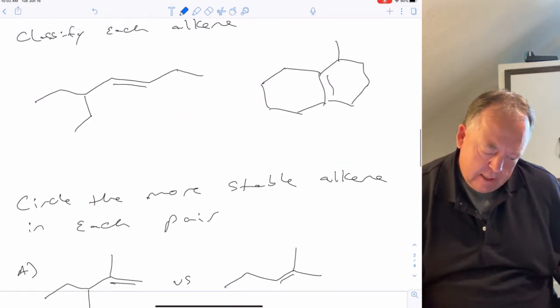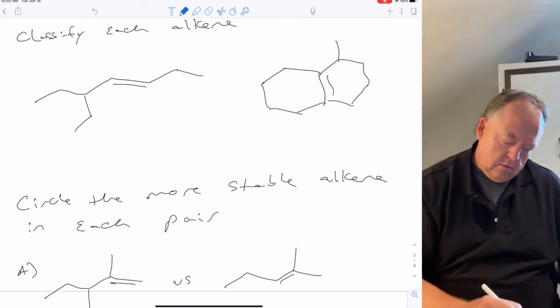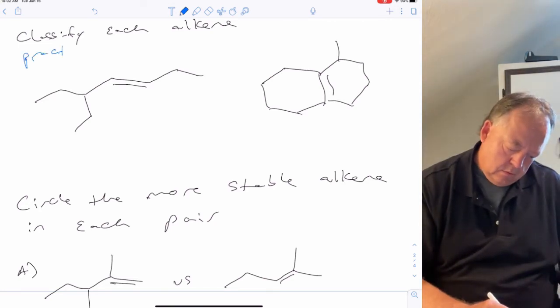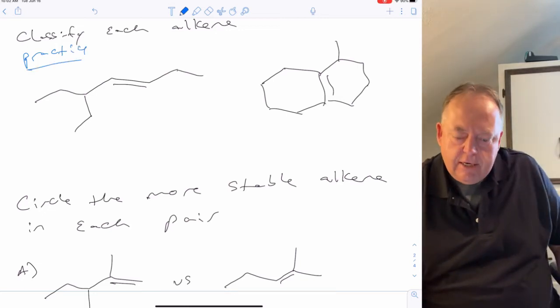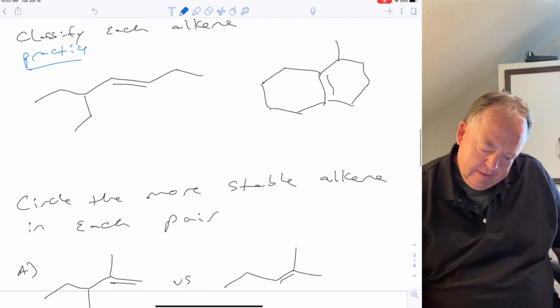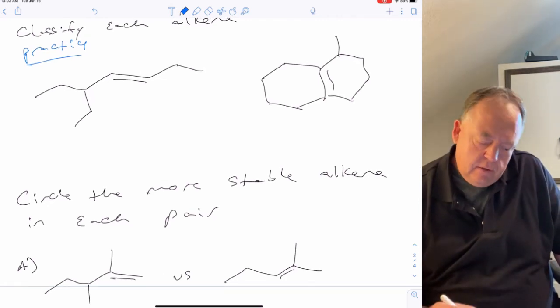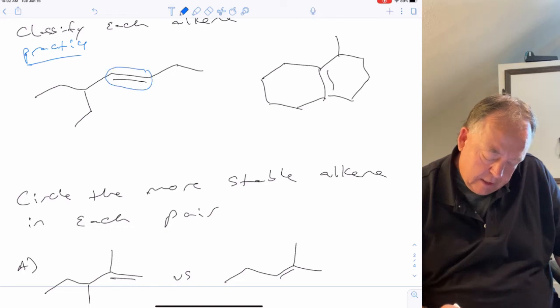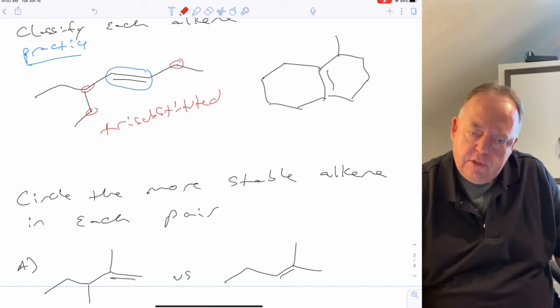Okay, so let's practice that. Let's take these alkenes and classify them. Are they unsubstituted, mono, di, tri, or tetrasubstituted? The alkene on the left, that is the alkene, and how many carbons are attached to it? That carbon, and that one, so this would be tri-substituted.